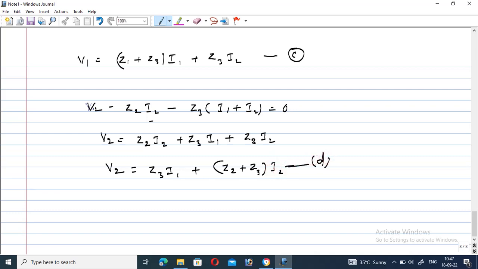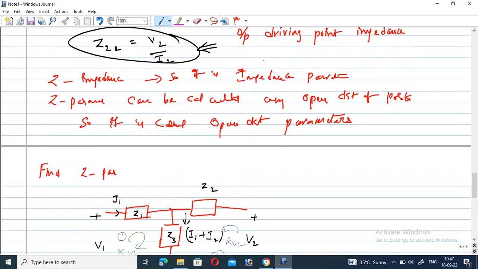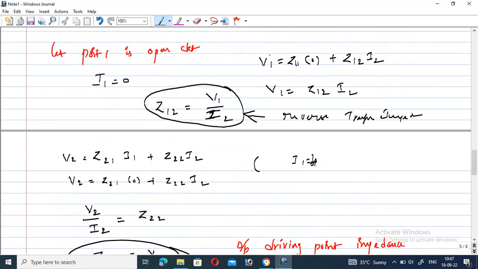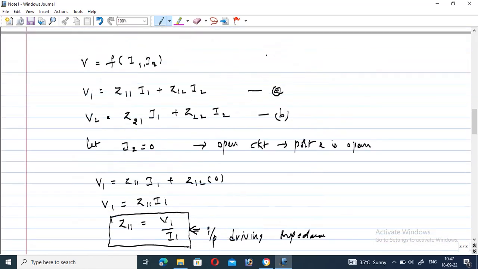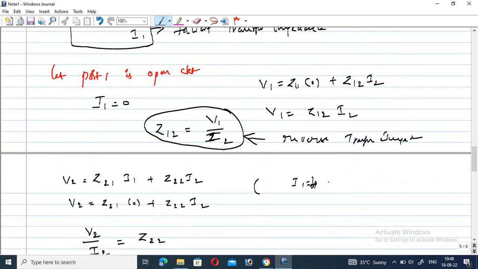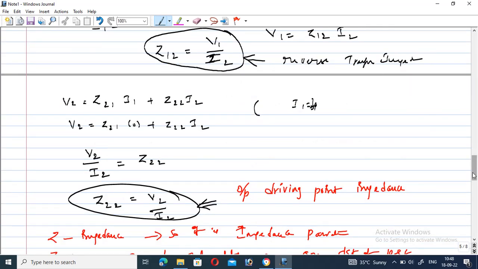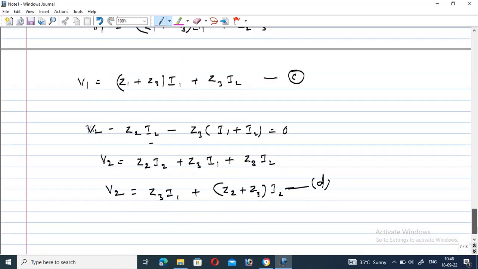Now, if you are comparing equation number C and D with the standard equations of the Z parameters, that is equation small a and b, then what value is Z11? Z11 is matching with the first equation C, Z1 plus Z3.